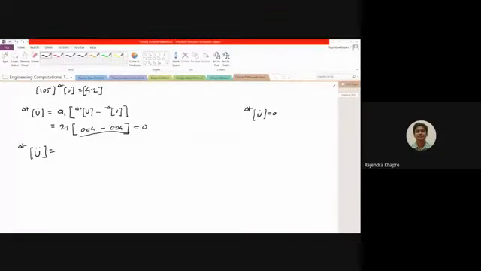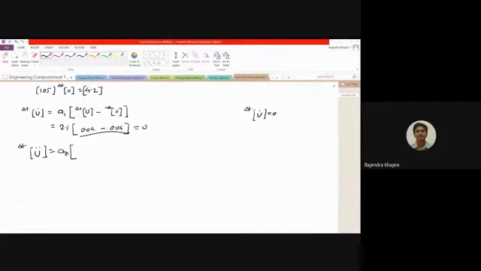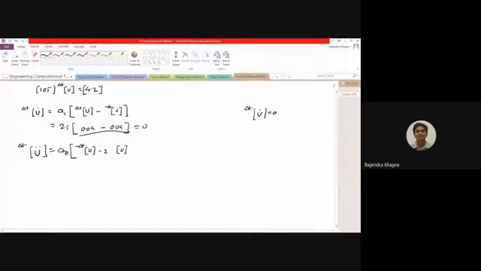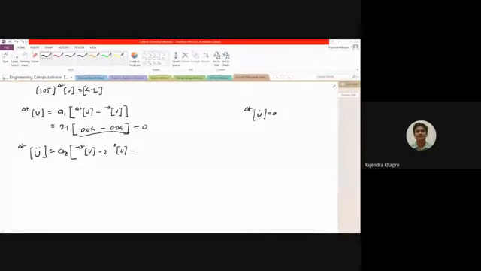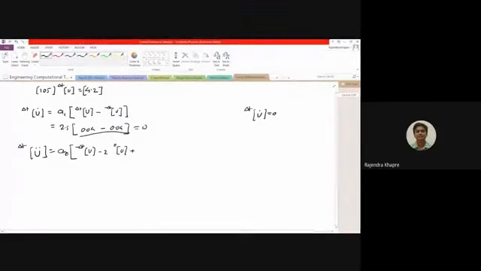The expression you will be using is this one: a0 multiplied by the displacement at minus delta t, minus 2 times the displacement at 0, plus the displacement at delta t.